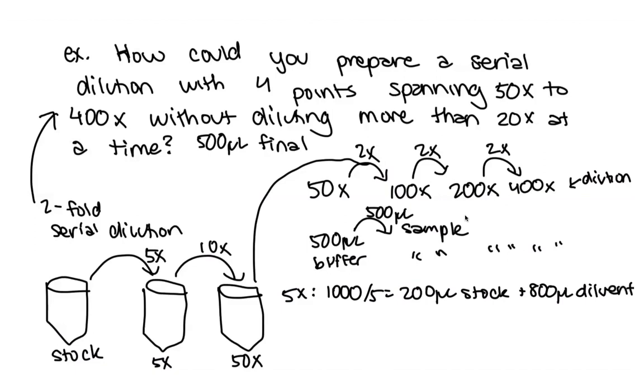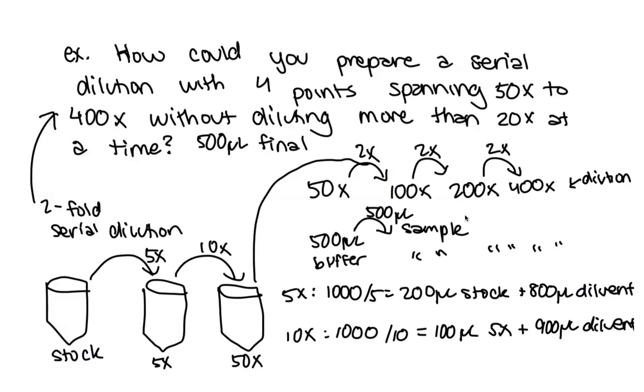Then we're going to take some of that and make our 10x. But how much of it are we going to take? Basically, we need to figure that out. So for our 10x, 1,000 divided by 10 is equal to 100 microliters of our 5x plus 900 microliters of our diluent.